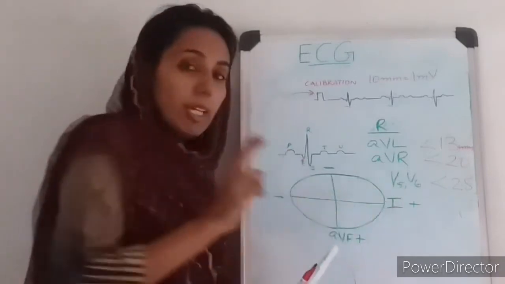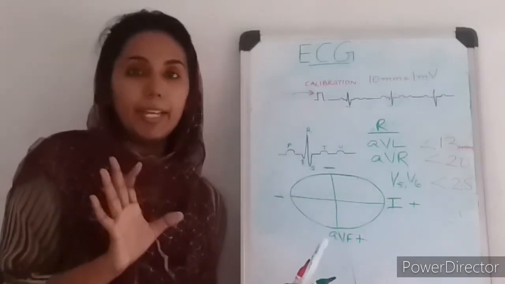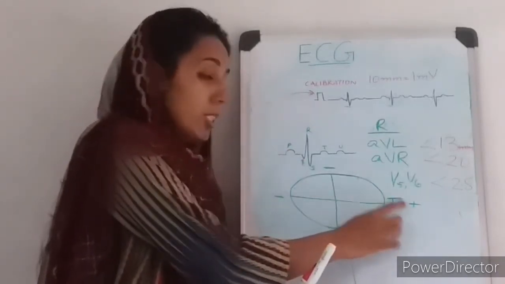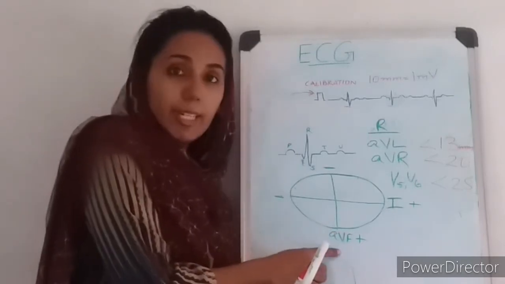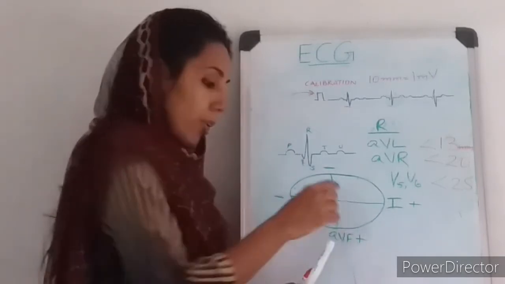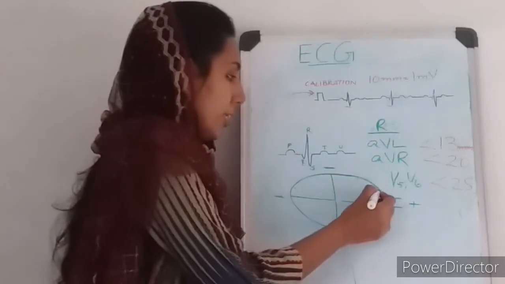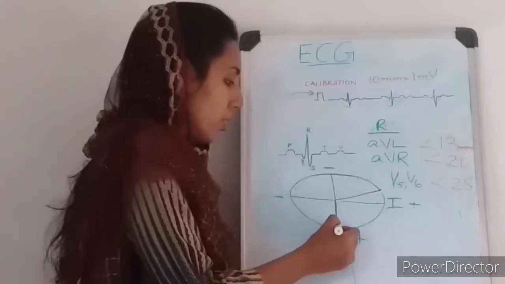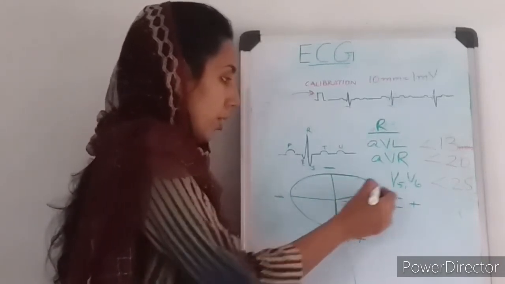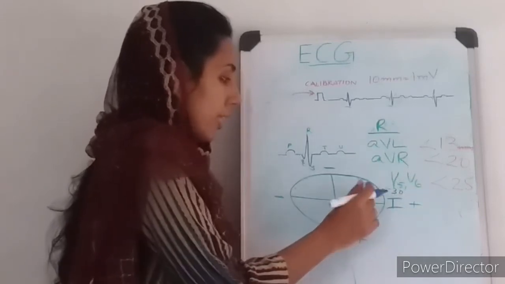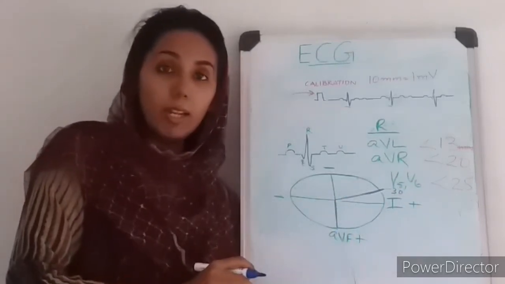Suppose you see only 2 leads, lead 1 and AVL. If the QRS is positive in lead 1 and also positive in AVL, it is in this quadrant. The normal axis of the heart is from -30 to +90. All this area is normal axis.